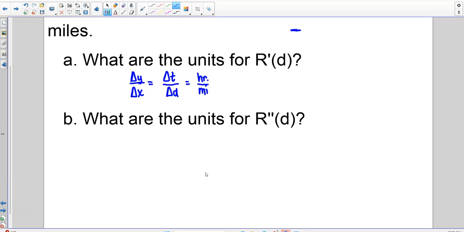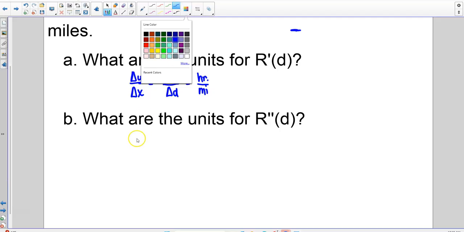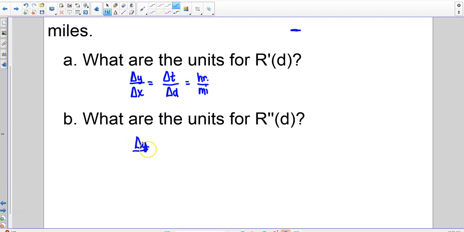So if we're going to our double prime, right, we're doing our change in y over our change in x, but in this particular case, we're talking about our change in the t prime or the r prime over change in the d right here.